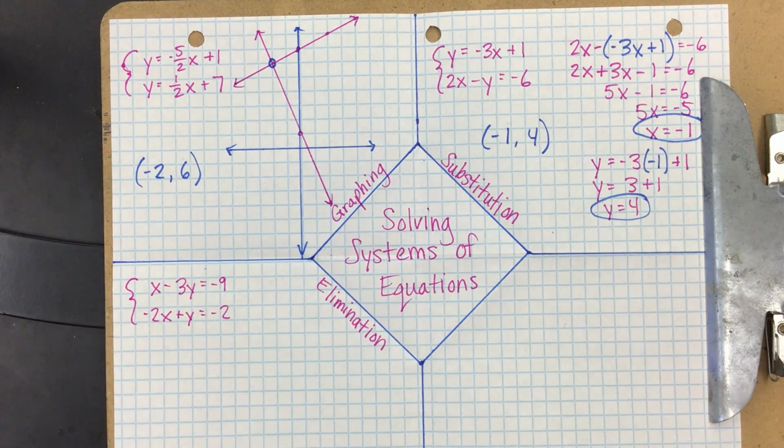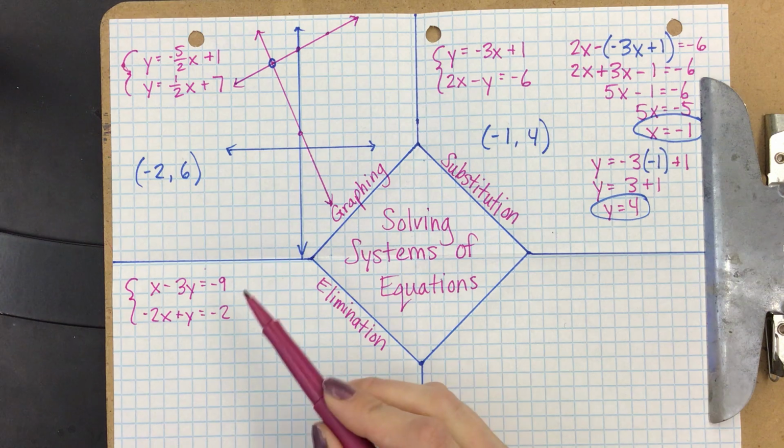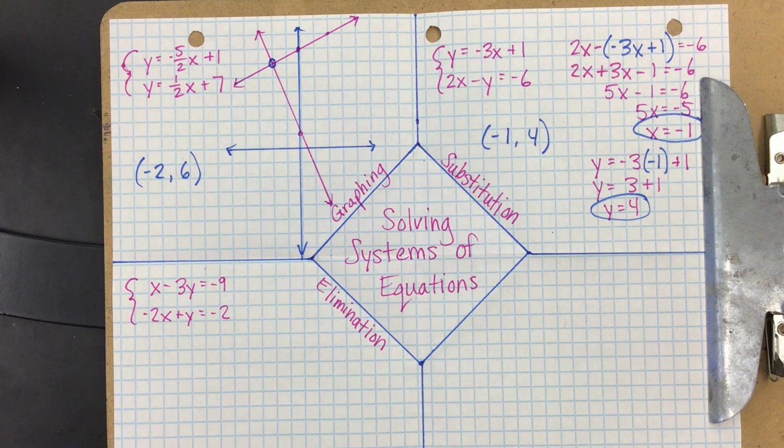Trying to solve for one of the variables when these are in standard form is very challenging sometimes. In this case, it wouldn't be too bad because you could probably just solve for x, but usually if it's in standard form, you just want to go straight to elimination. It's the easiest method for systems like this. So that's what I'm going to do.